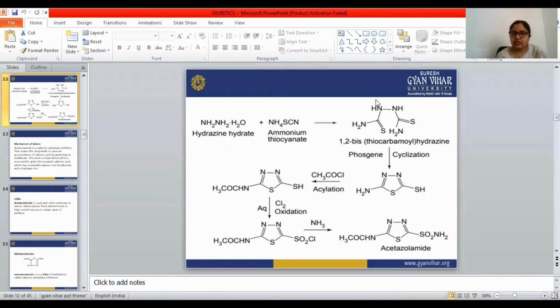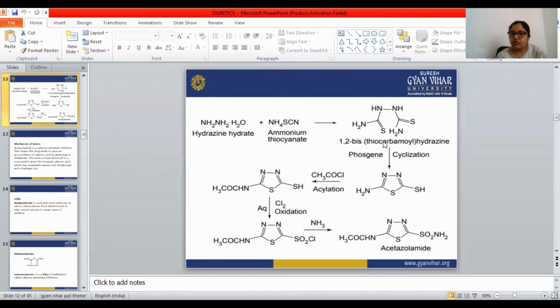For the synthesis of acetazolamide, we need hydrazine hydrate, NH2NH2.H2O, and ammonium thiocyanate. When these two react, the product formed is 1,2-bis thiocarbamyl hydrazine.